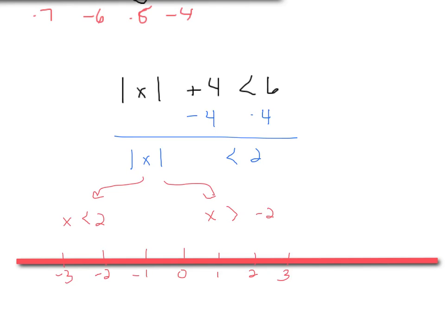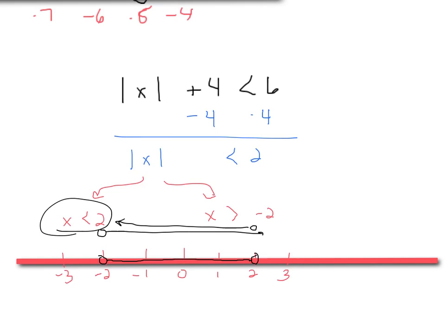In this case, we're going to look for all the numbers that are less than 2. We're also going to look for the numbers that are greater than -2. So this acts a little bit like an AND problem, where all the numbers that are in between are the numbers that work. If you pick a number that's greater than 2, something like 3, when we try it, the absolute value of 3 plus 4 is not less than 6.